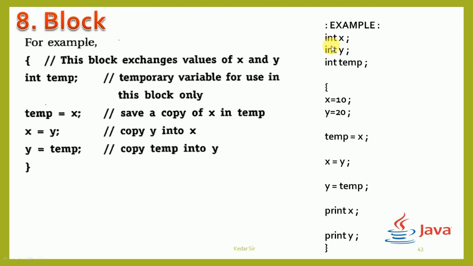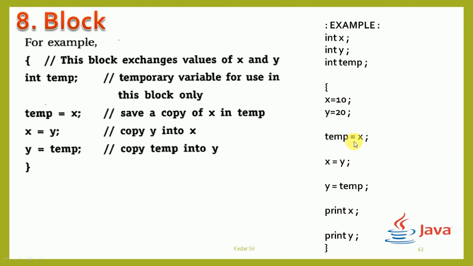First of all, you have to declare three variables: integer x, integer y, and integer temp. So x is equal to 10 and y is equal to 20. We swap the values and store 20 into x, and in y we store 10. Right? So how can we swap it?